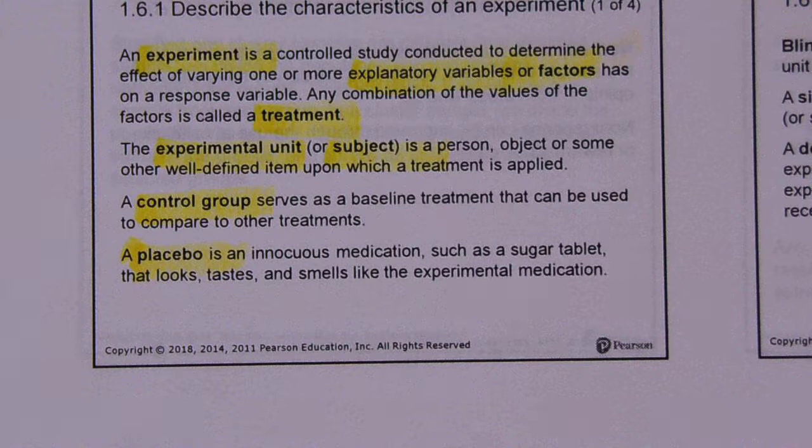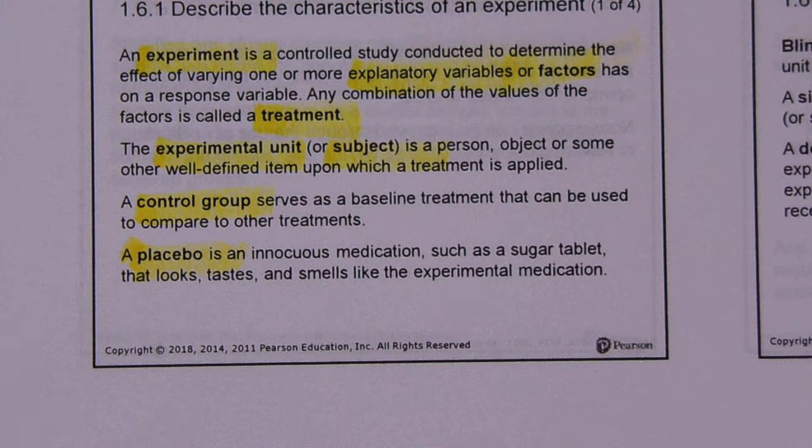And one group we give Tylenol and the other group we give a tablet that looks, smells, everything like Tylenol, but it's just a sugar tablet. Okay, and so we do that because if people think they're getting it or they think they're not getting it, sometimes they feel better, even if they're not getting it, just because they think they got it.